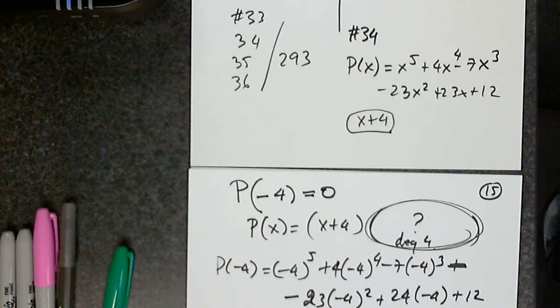In parentheses, negative 4 to the 5th power, plus 4 times negative 4 to the 4th power, minus 7 times negative 4 to the 3rd power, minus 23 multiplied by negative 4 squared, plus 24 multiplied by negative 4, and then plus 12.